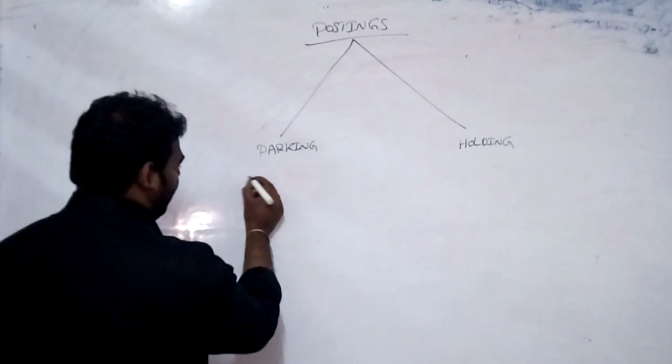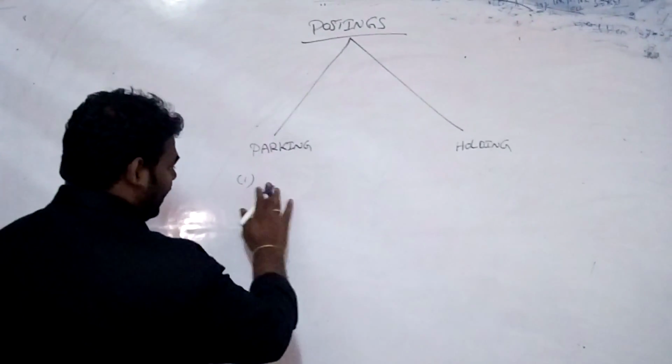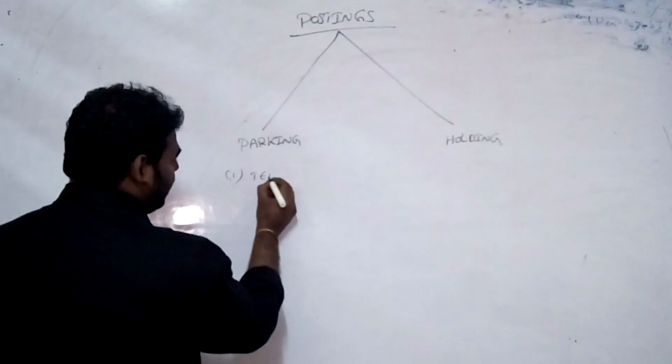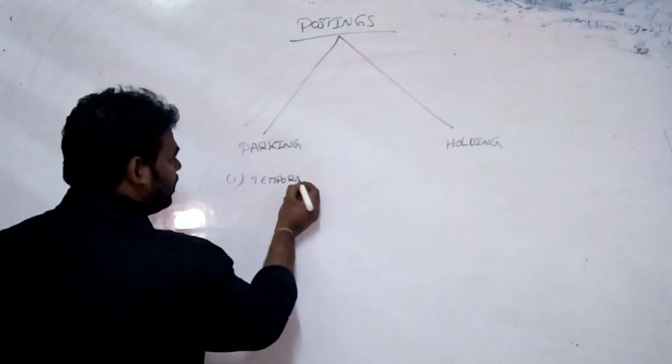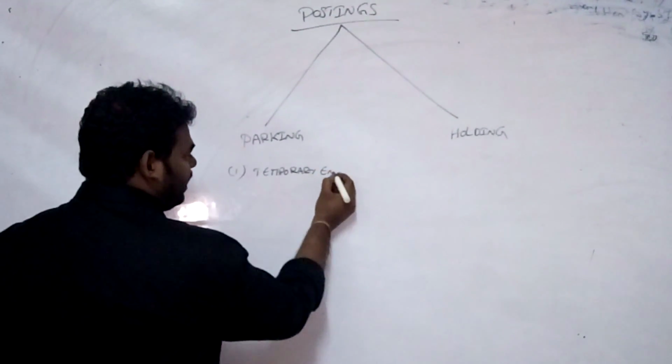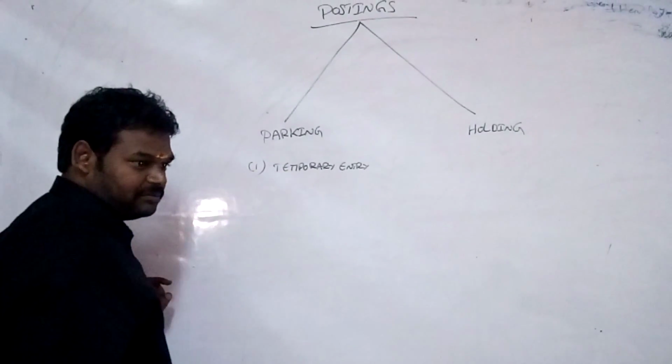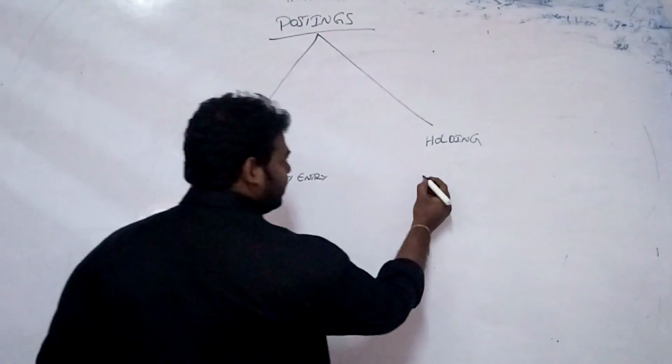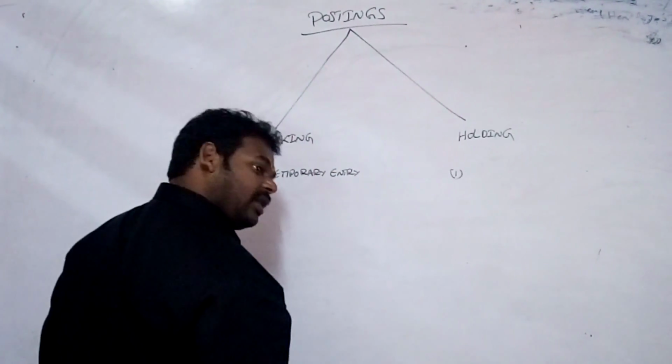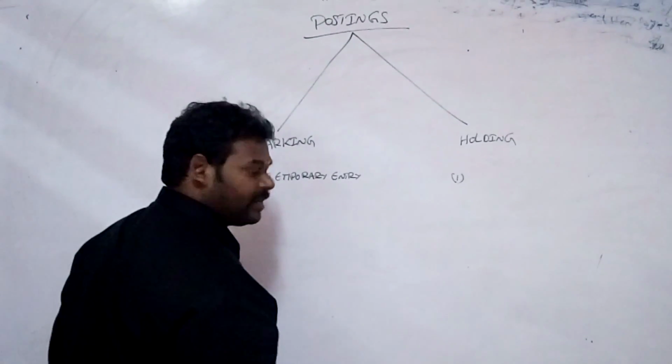The first point: the parking document is nothing but a temporary document. That means the system will generate one temporary entry, but holding documents can also generate a temporary entry.